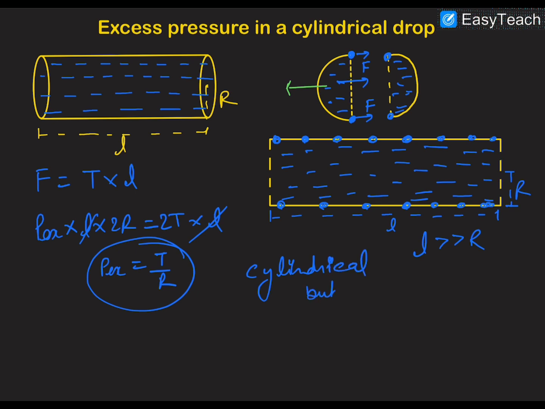Again, I am saying that it is an imaginary concept, but it can be used in numericals, one of which would be demonstrated in this video. Now in a cylindrical bubble, there are two free surfaces, so the excess pressure will be 2T by R.